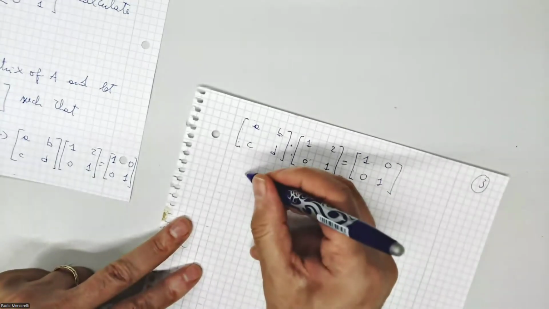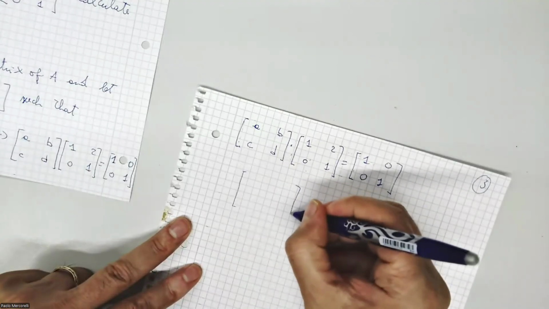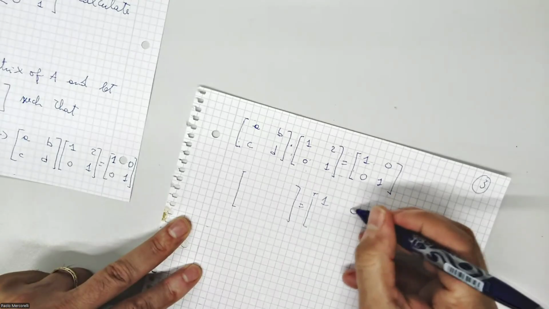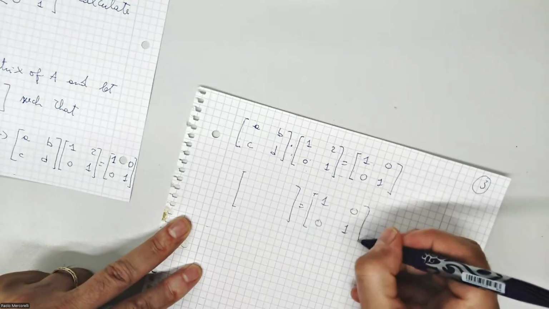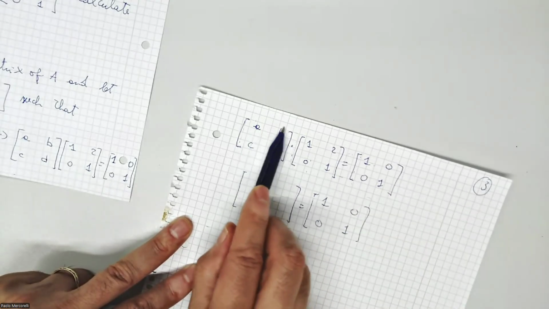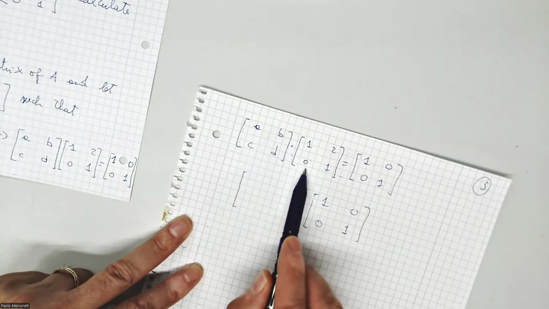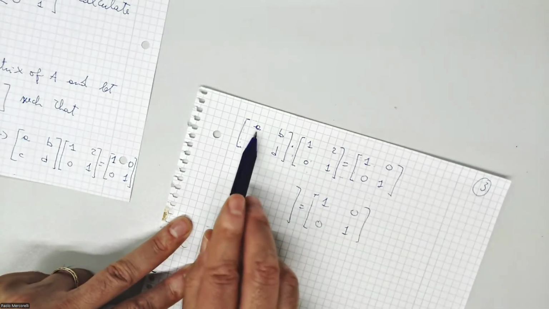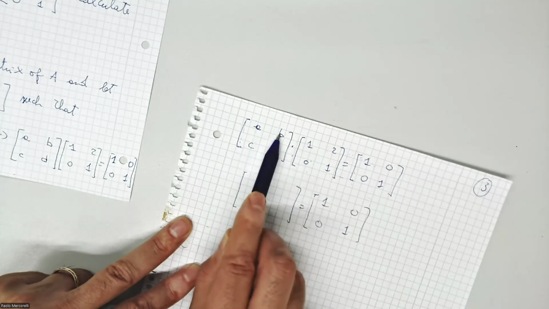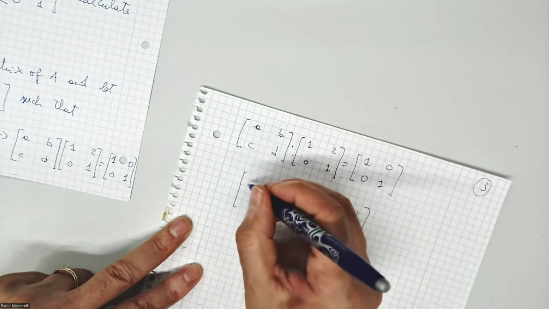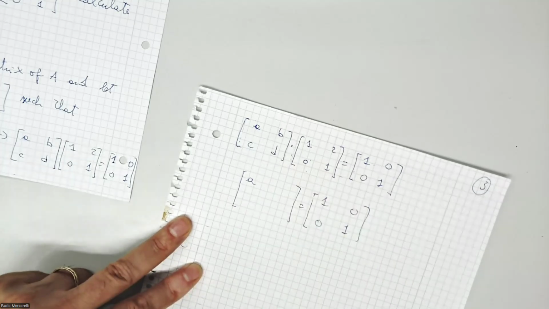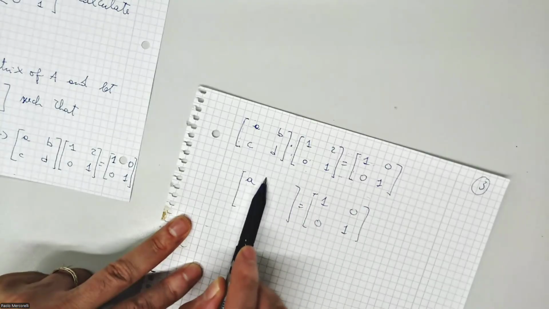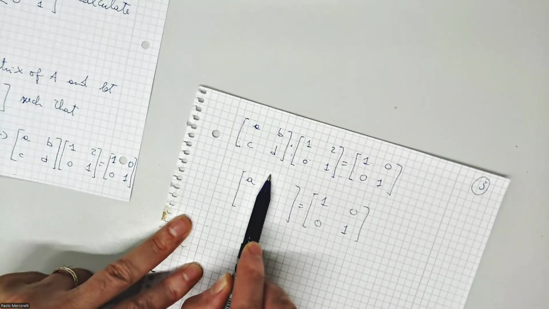Look, do you remember the product between these two matrices: this row multiply this column generates this element here. This means a multiply 1 plus b multiply 0. Did you agree? a multiply 1 plus b multiply 0 is this element, the element 1,1.